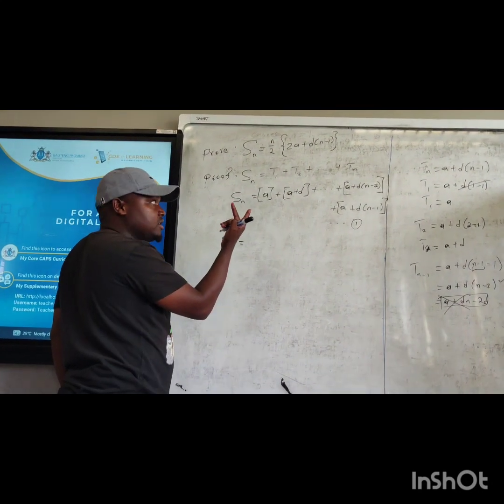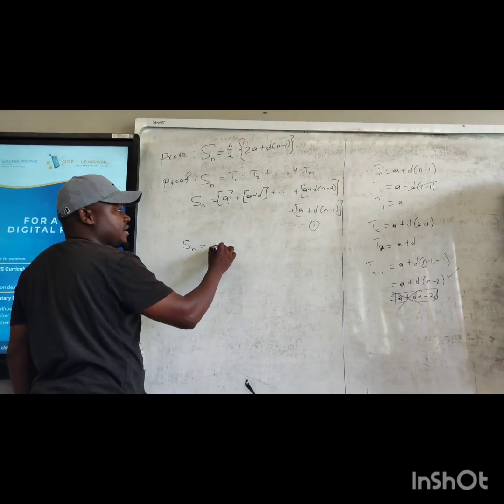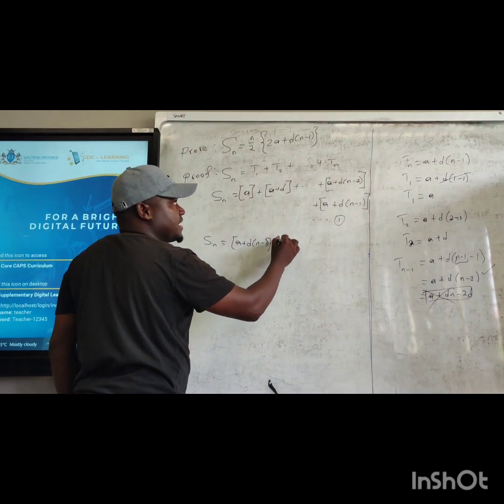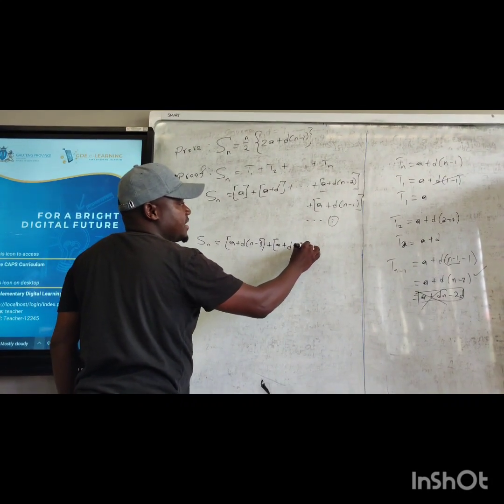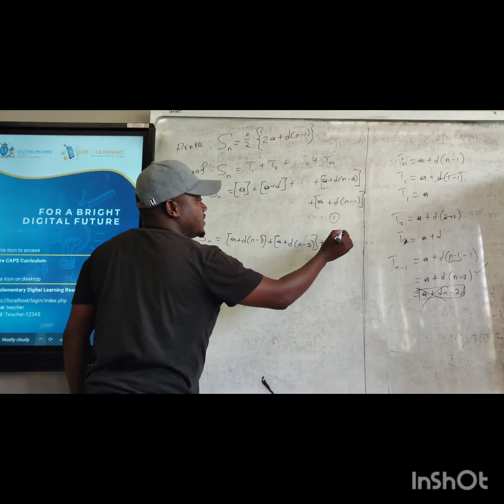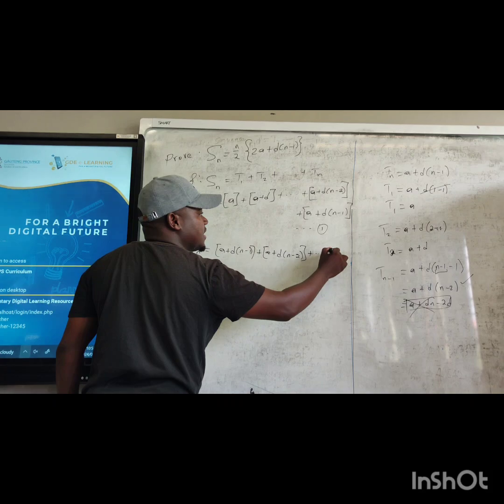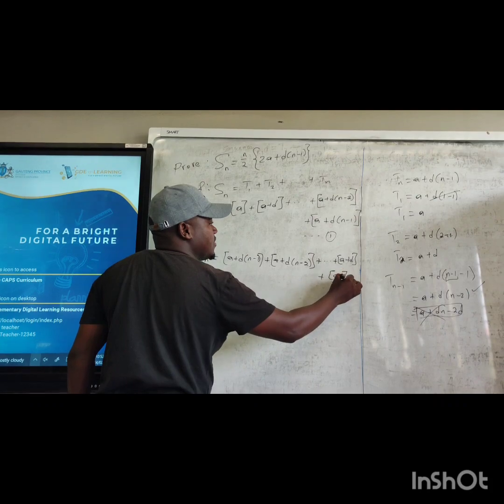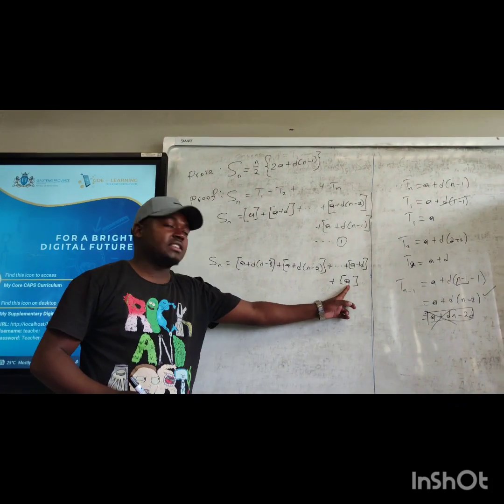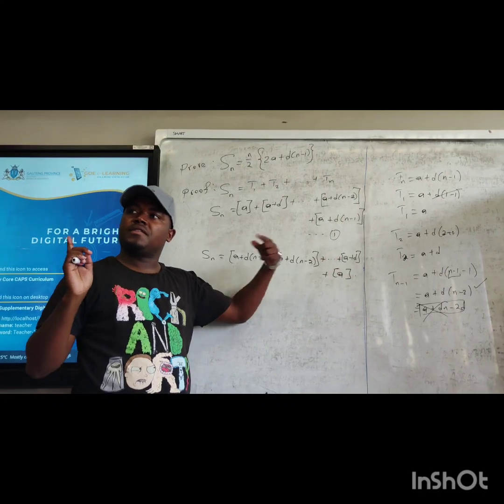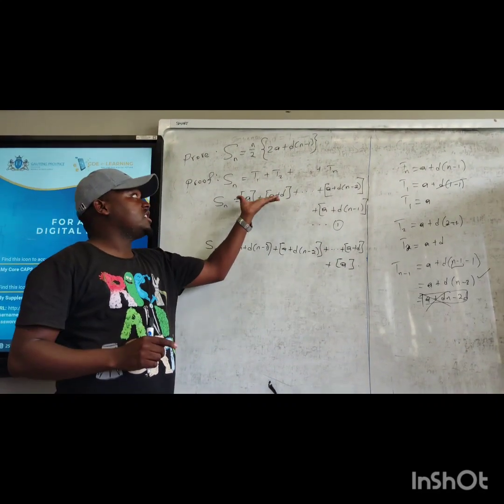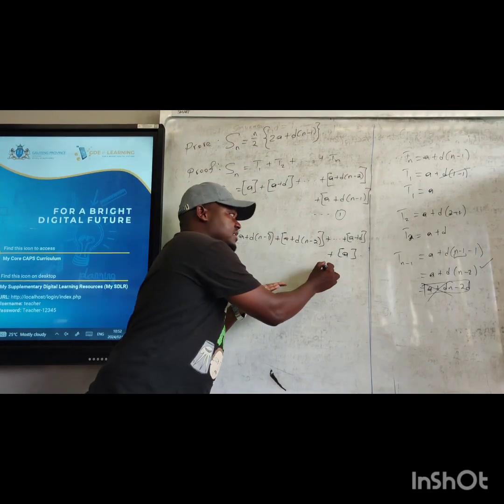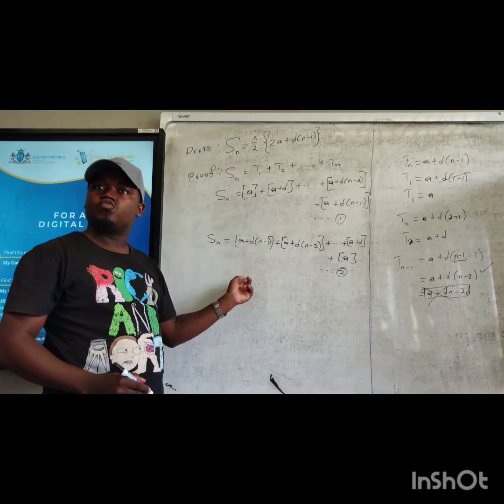I start with the last term, which is the first term for the second equation, and then plus A plus D into n minus 2, plus all the way until the second last one, which was the second for the first equation, plus A. So now this is our last term. We've just made the last to be the first. Once you have this, that is equation 2. You add the 2. Simple as that.